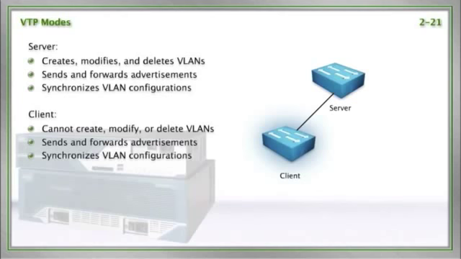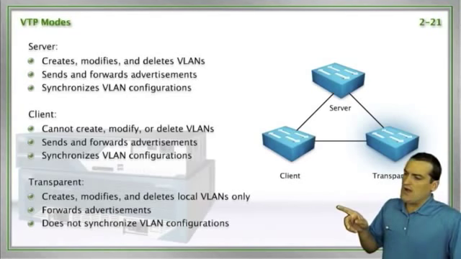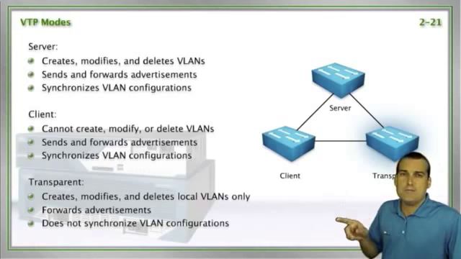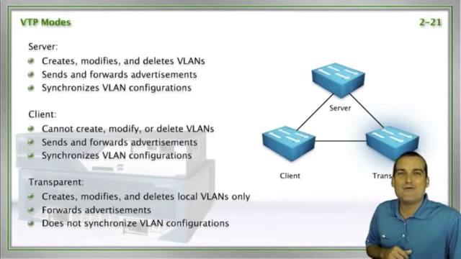Now here's where the trouble comes in for students. The trouble comes in on a third mode that Cisco created called transparent. Here's the deal with a transparent device. It's like a server in that you can go ahead and create and modify and delete VLANs on it. But guess what?